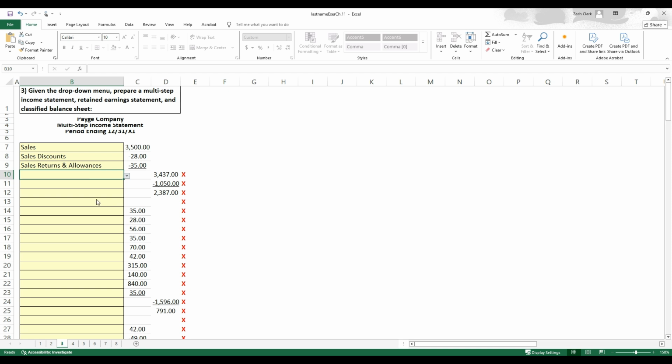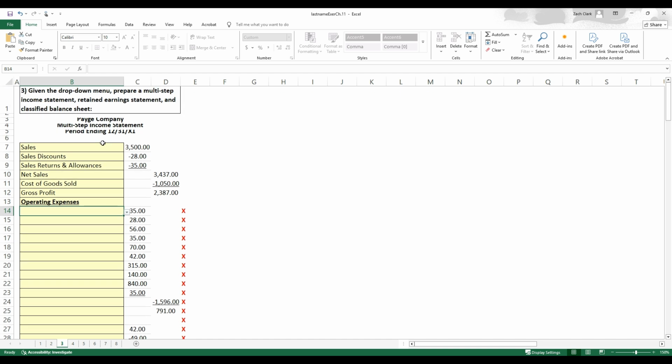So our first part, we're just going through and calculating the same old net sales that we learned earlier in the semester. Here, we're going to calculate our gross profit by taking out our cost of goods sold. Okay. And then we're going to account for our operating expenses.